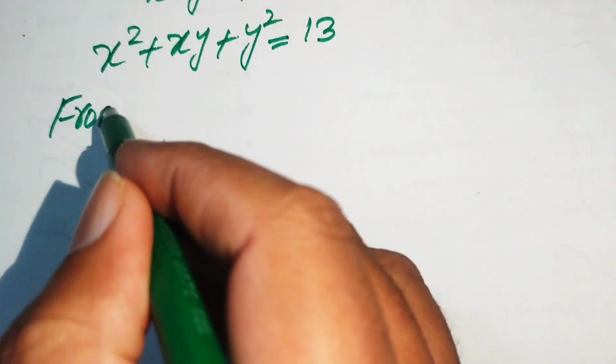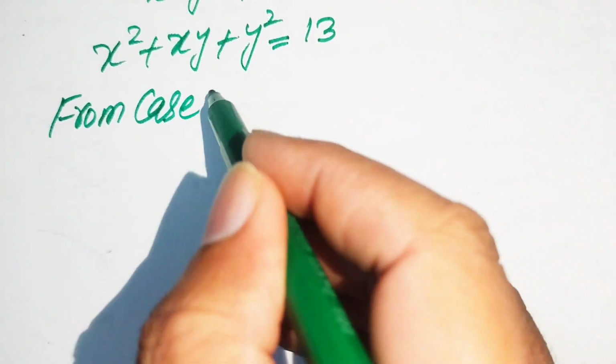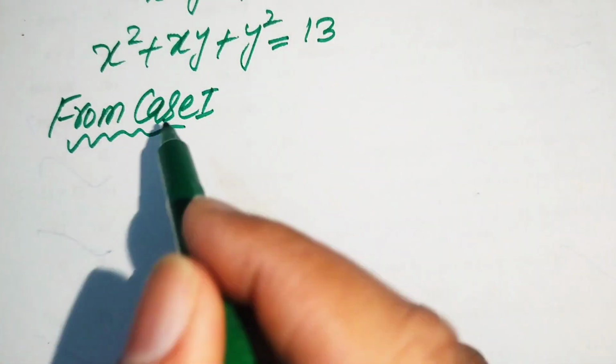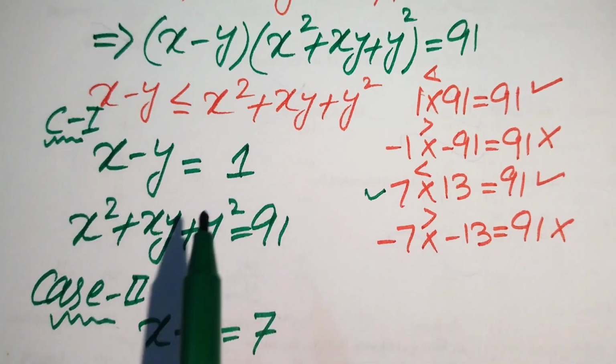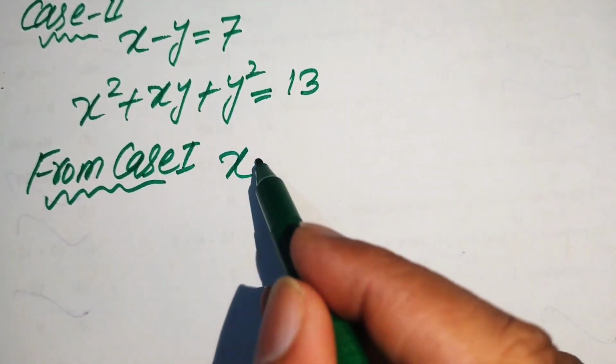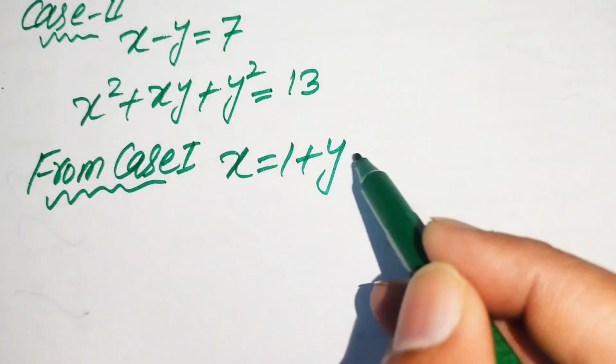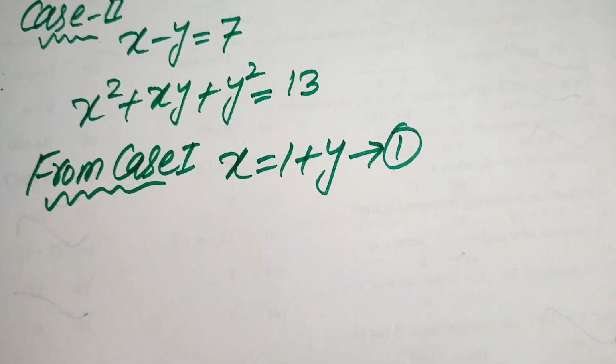Now we focus on case number 1. From case 1, we move the minus y to the right-hand side, so we get x equals 1 plus y, and we call this equation number 1.